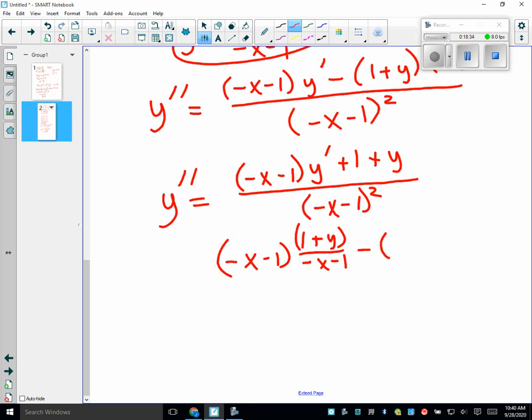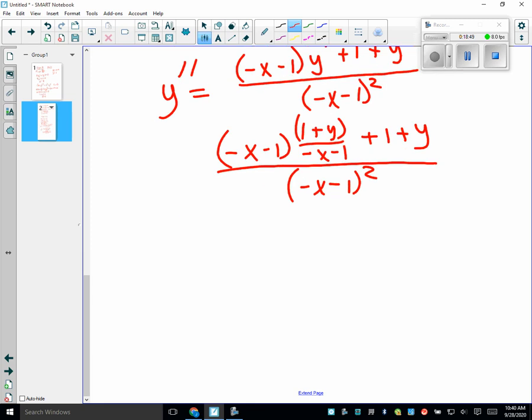Plus 1 plus y, plus 1 plus y, over negative x minus 1 squared, right? Does this cancel? Yeah. And I have 2 plus 2y over negative x minus 1 squared. That's awesome.